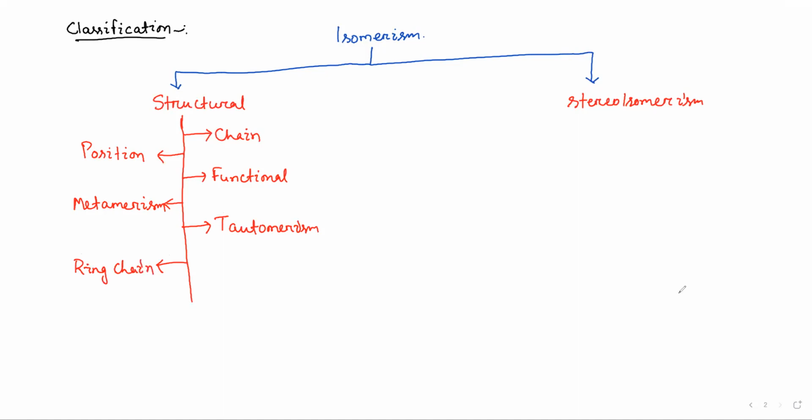These are the 6 different types of structural isomerism. Now we are going to see the different types of stereoisomerism.